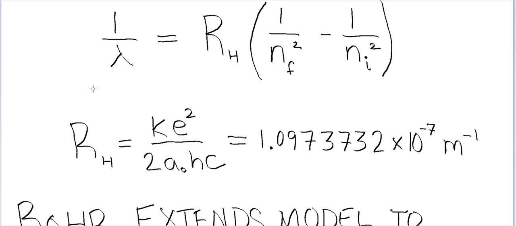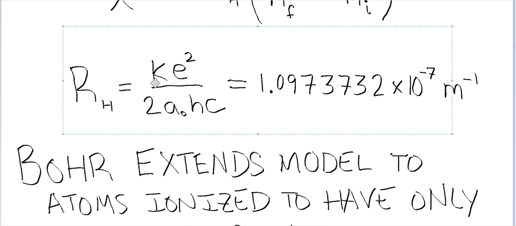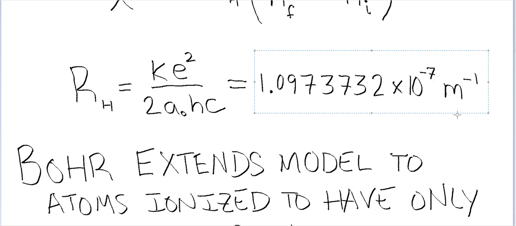The Rydberg constant is just this prefactor, ke squared over 2a naught hc. And if you plug in values in the SI MKS set, you'll get that it's about 1.097 times 10 to the minus 7 inverse meters.